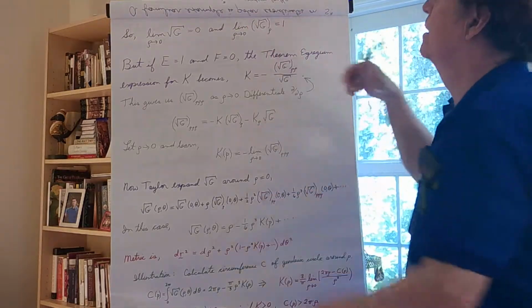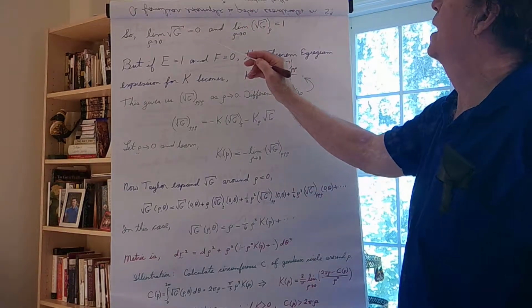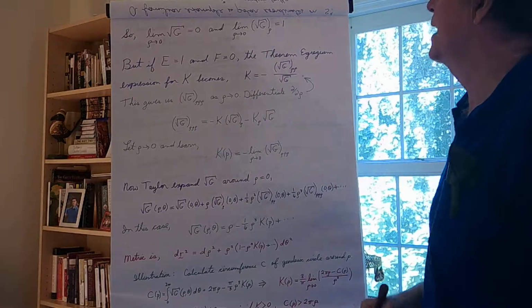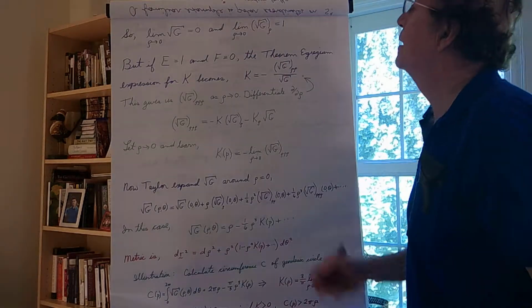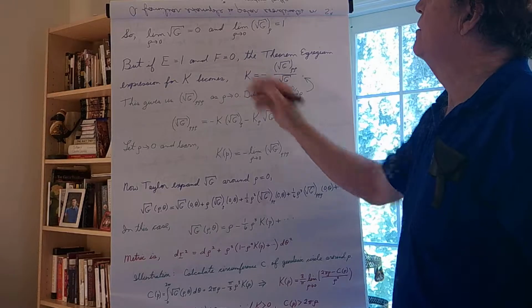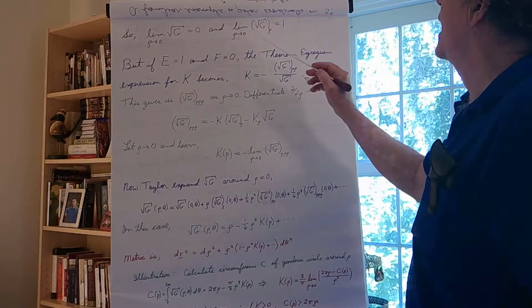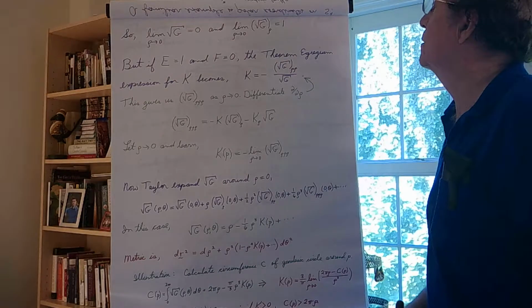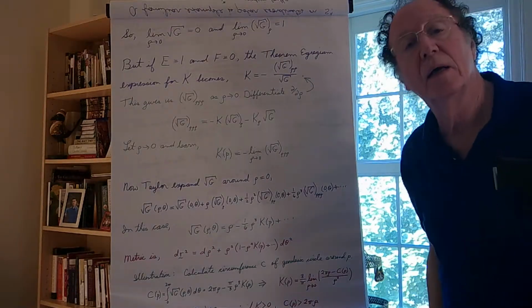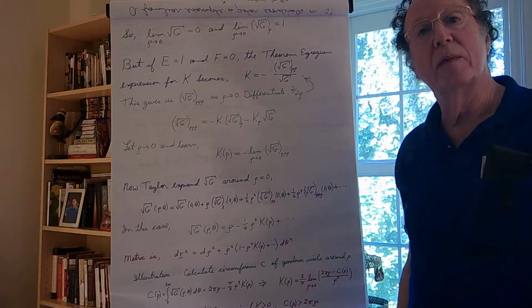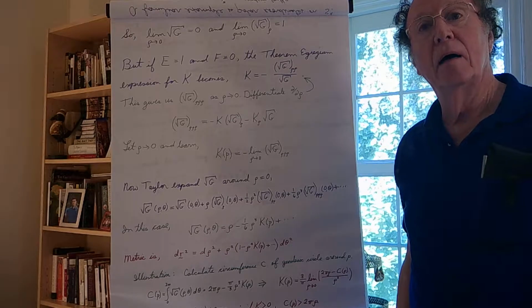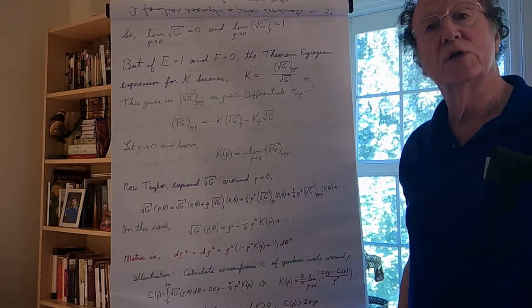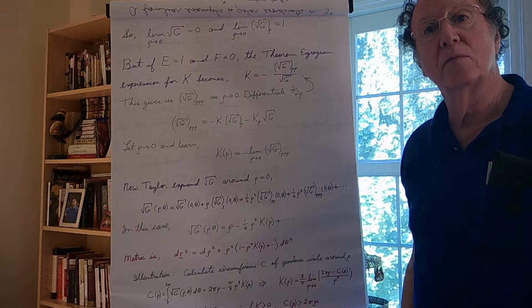In particular, the square root of rho, that's the length. Rho itself is the length squared. This should go to 0 when rho goes to 0, and its gradient should go to 1 when rho goes to 0. That's just the statement that the tangent plane becomes a perfect approximation of the surface when rho goes to 0.